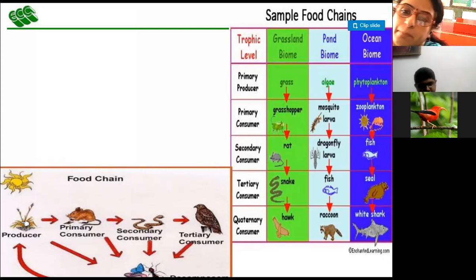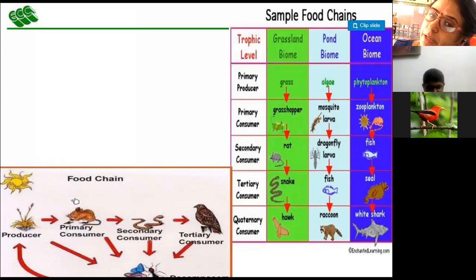So it means that when the grasshopper or even a rat consumes the plant, only 200 joules, for example, will be transferred from the plant to the rat.